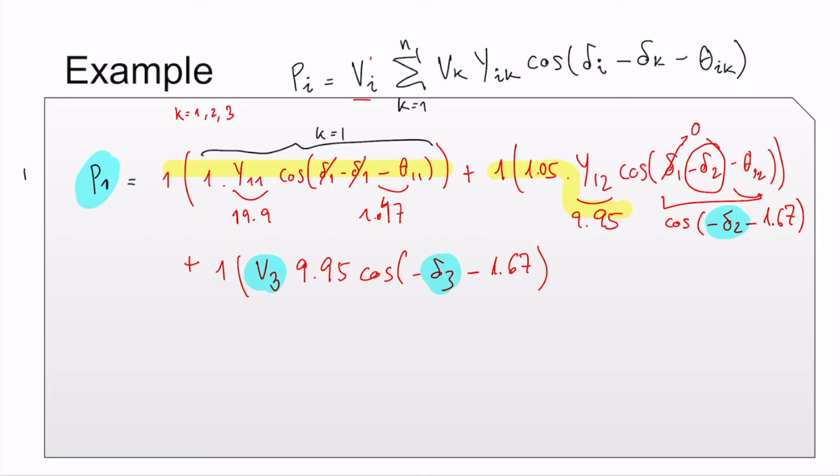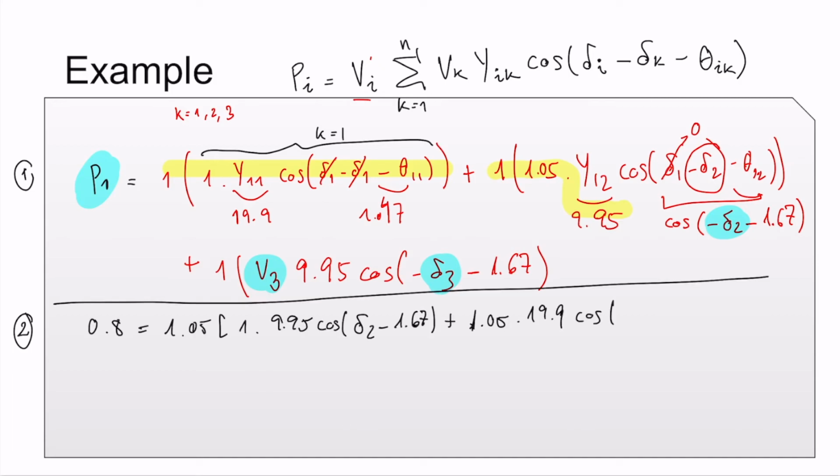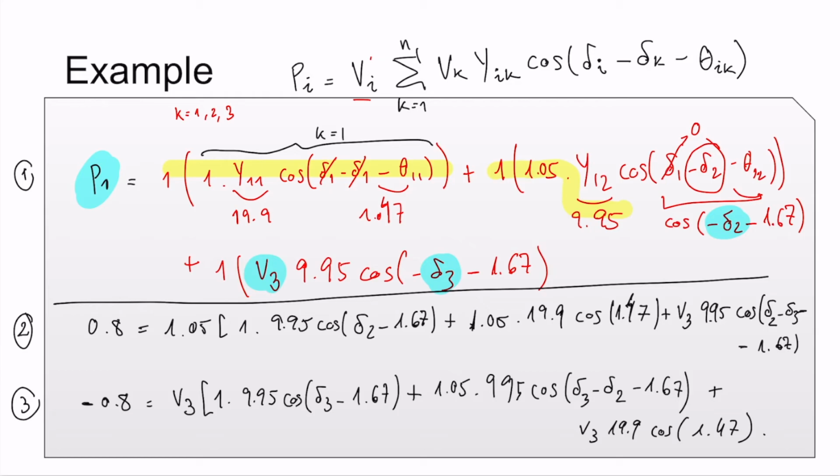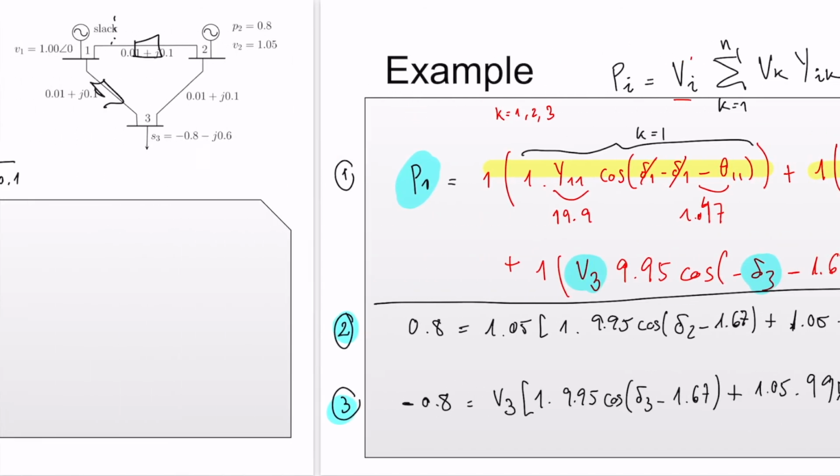This is for node number 1. I can do it for node number 2. Well, I wrote the equation for you for node number 2 and node number 3. We see like in node number 2, we know all the injections.